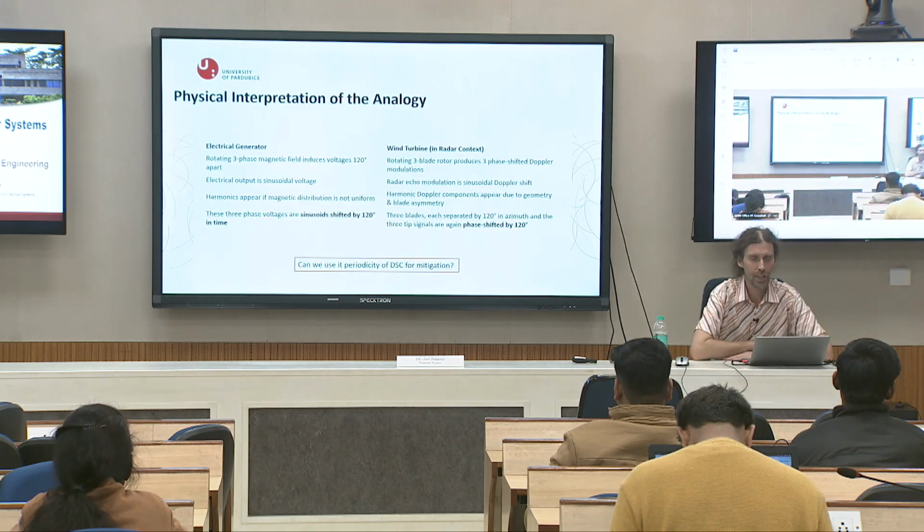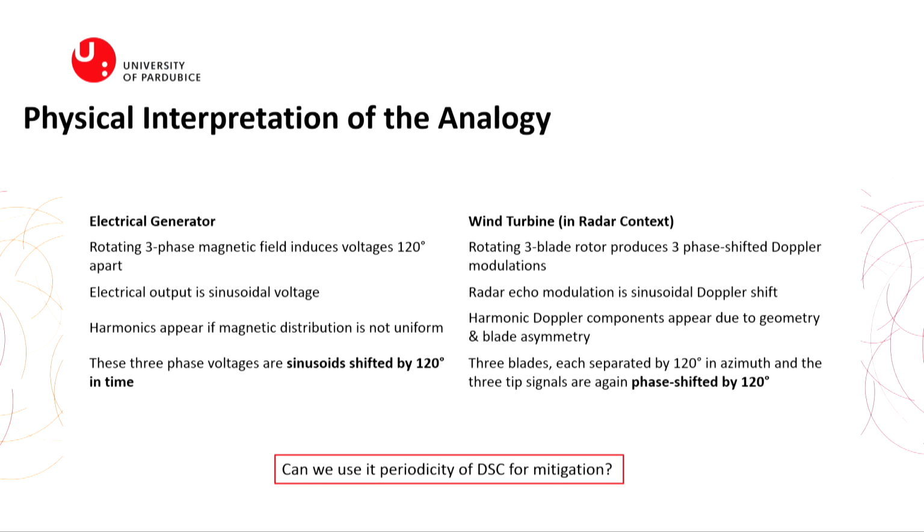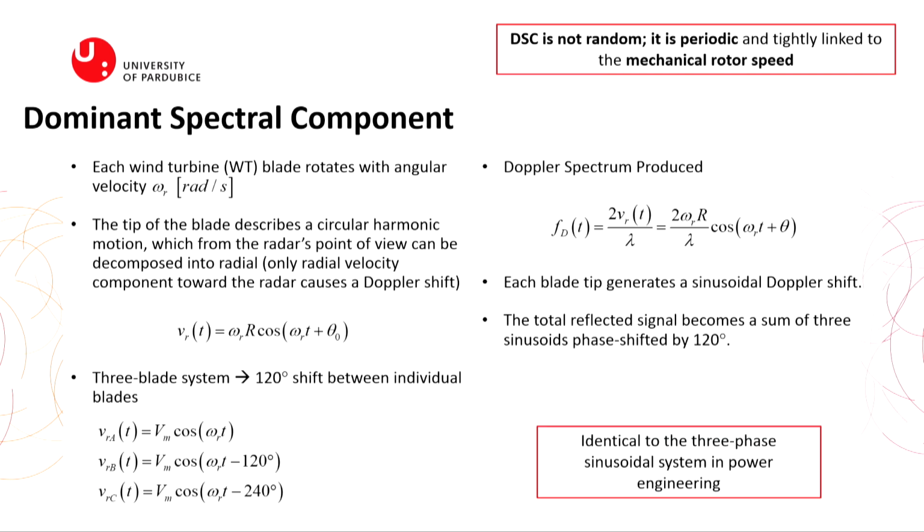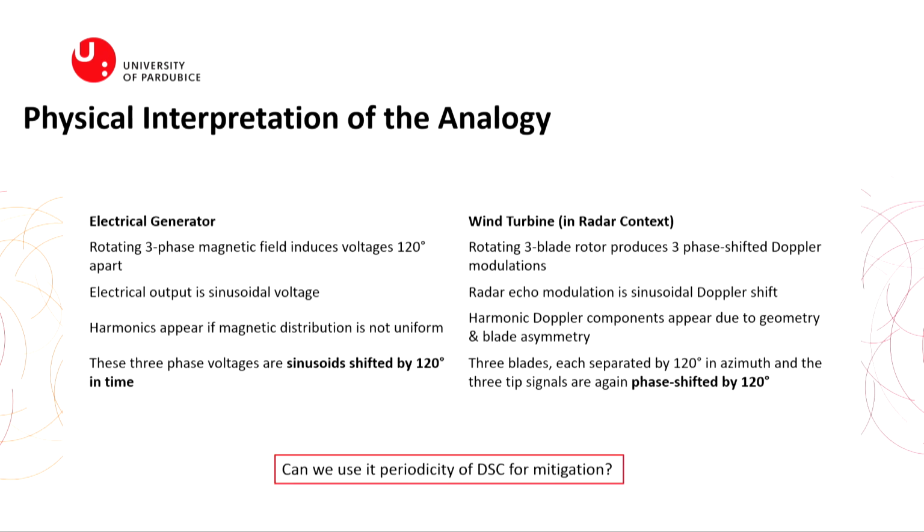So there I just put a physical interpretation of the analogy. Of course it is not the same, but everybody knows this three-phase sinusoidal system. Everybody uses it. And the influence of wind turbines on radar is similar.